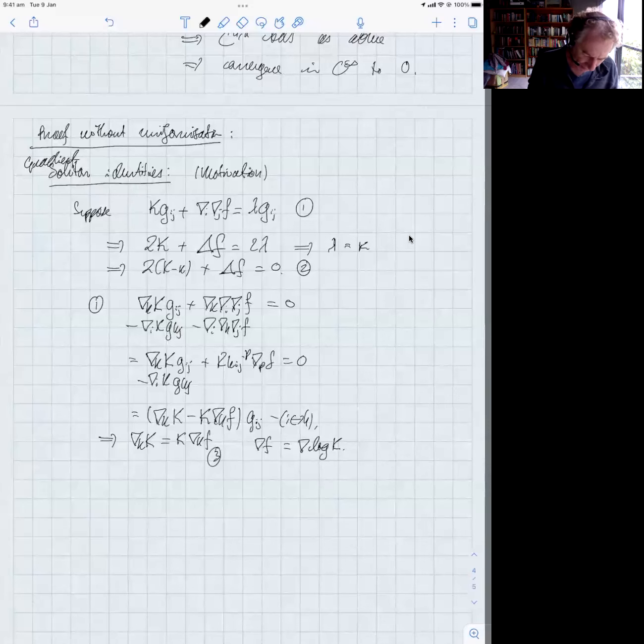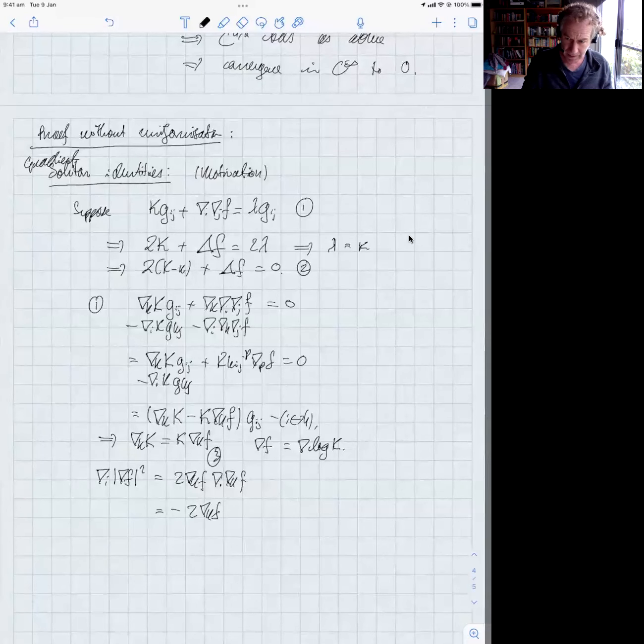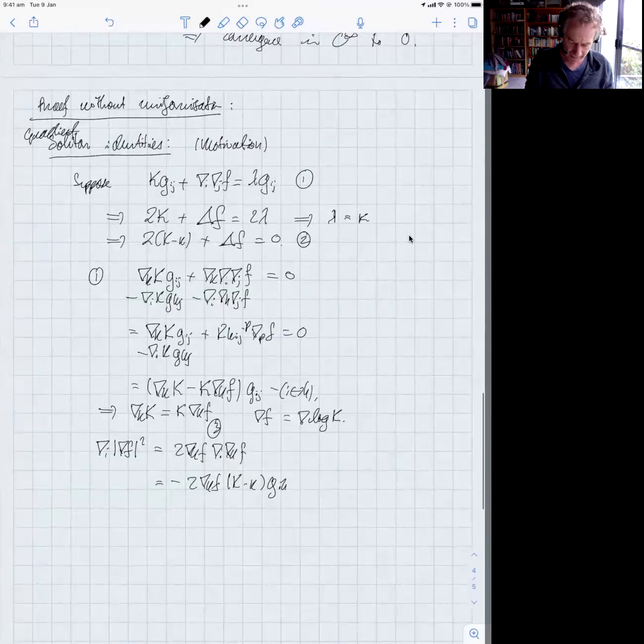And then there's another useful one, which is if I look at gradient i of gradient f squared. Expanding that out, this would be 2 gradient k f, gradient i, gradient k f. I can use the soliton equation up here. That would be minus 2 gradient k f times (k minus kappa) g_ik.